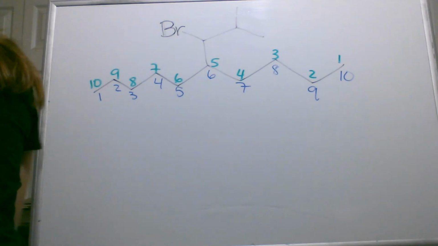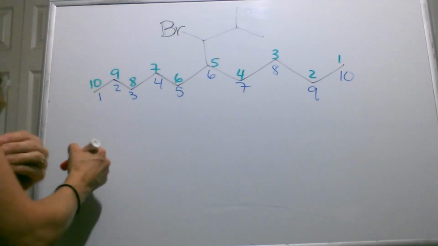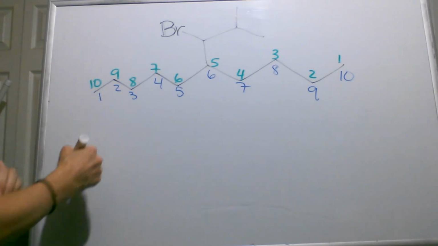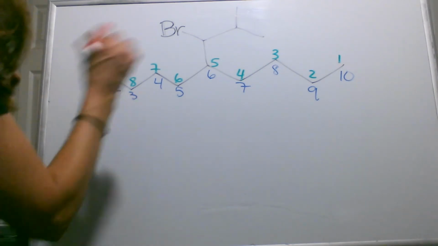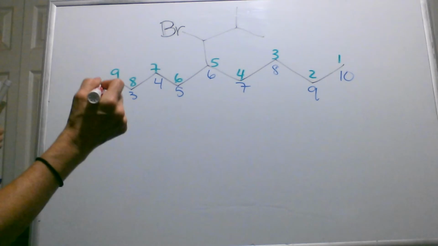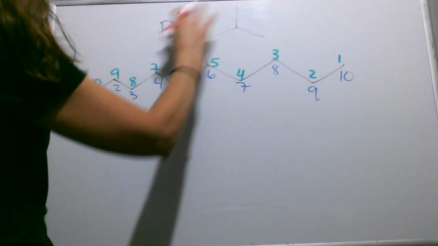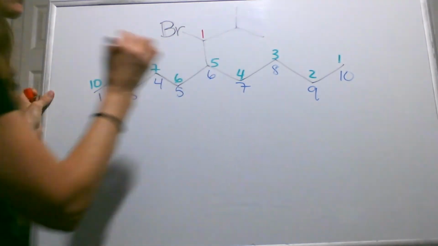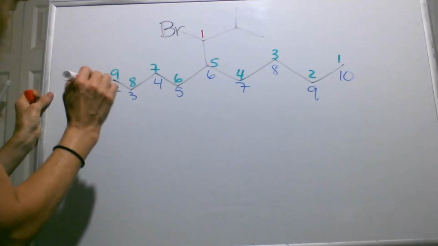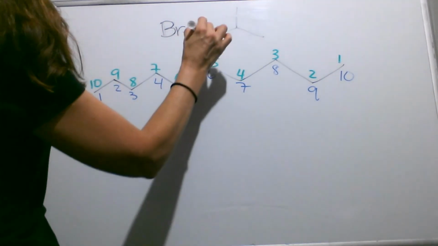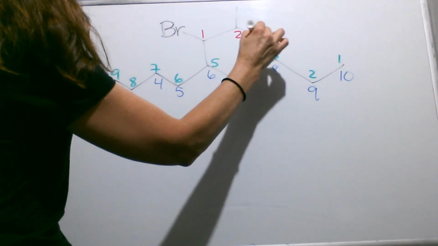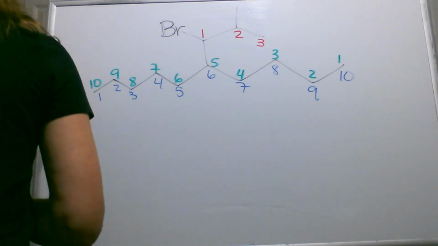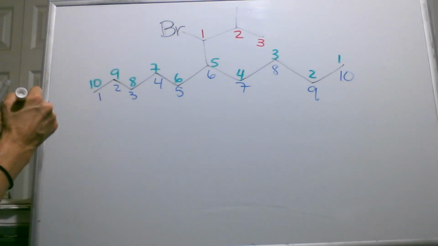The second thing that we notice is we have a branched substituent. So we have to identify the secondary numbering. So the numbering of the substituent, remember the point of attachment is carbon 1 of the alkyl group, or of the substituent. So 1, 2, 3 is the numbering for our substituent, and then we have stuff attached.